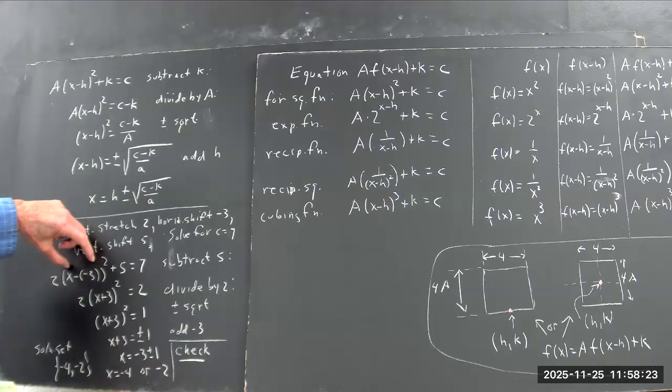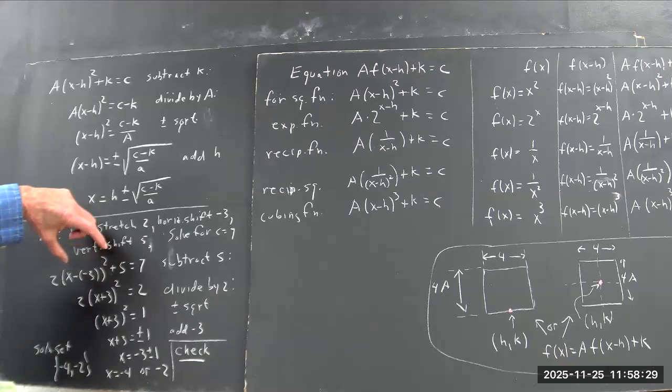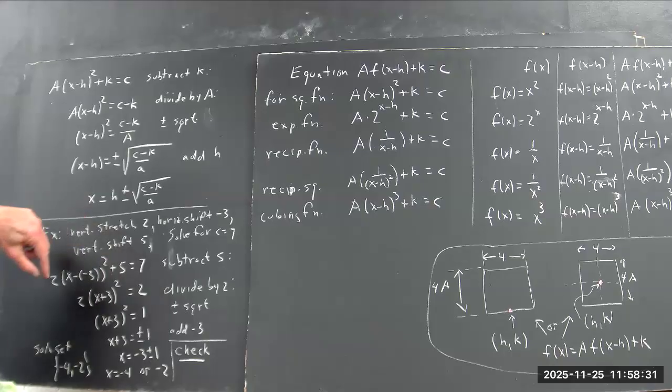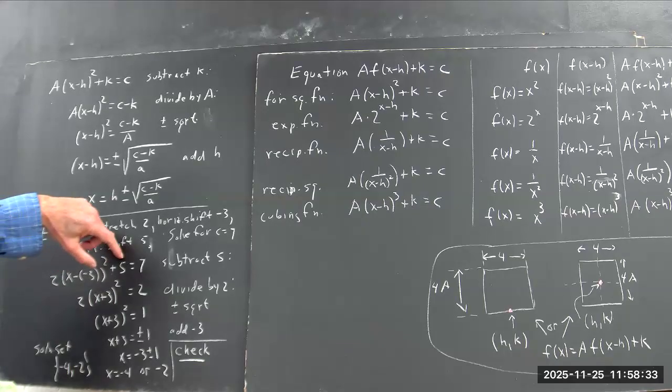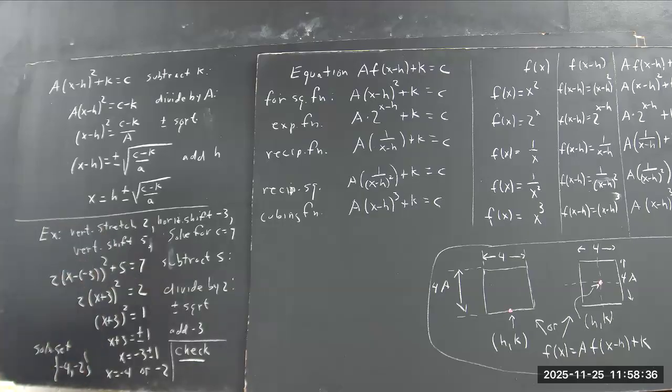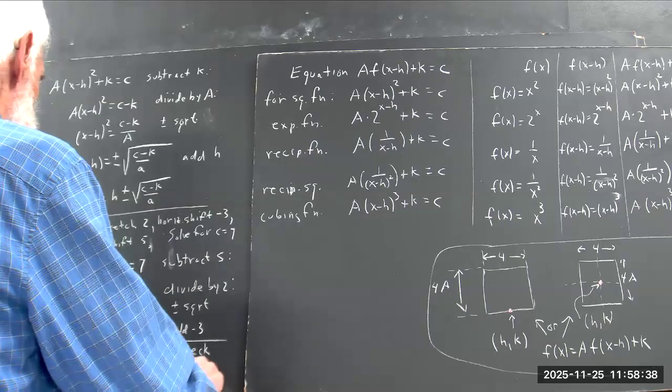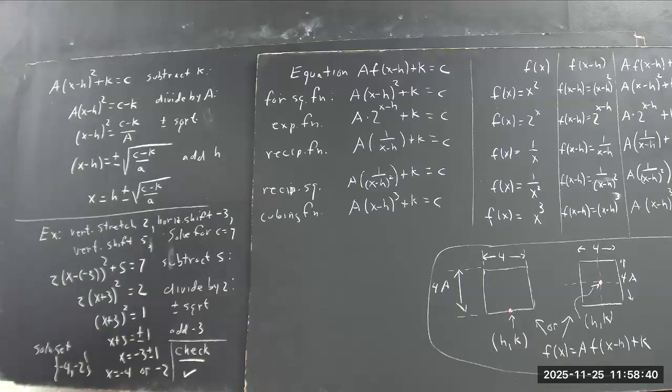I'm sorry, we're going to get -1 inside the parentheses, but when we square that, we get 1. Multiply that by 2, we get 2. Add that to 5, we get 7. Now, I didn't do that, but we always want to write out the check.